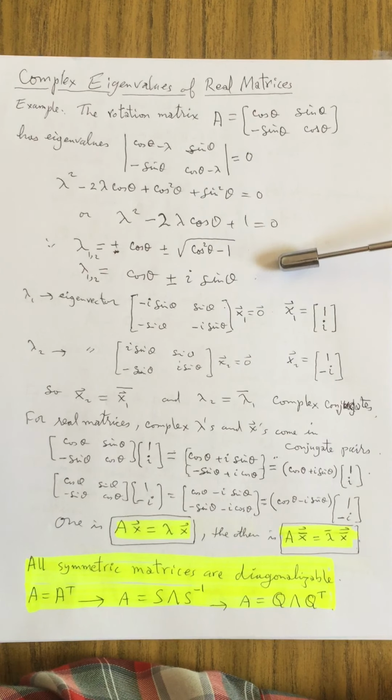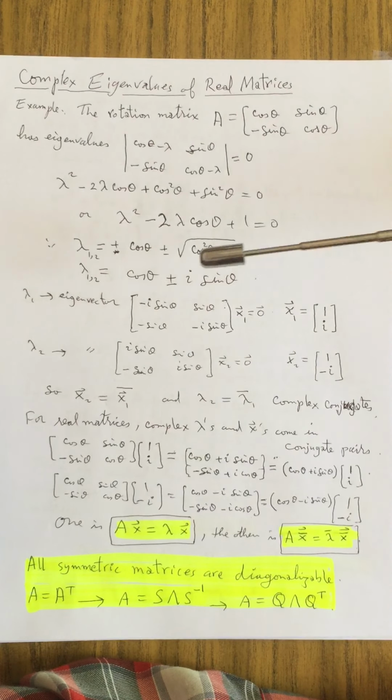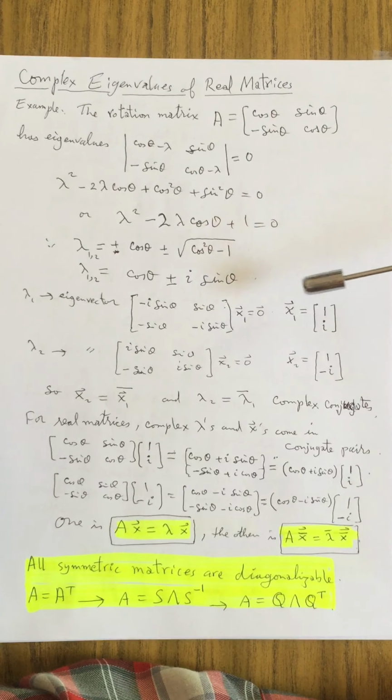So the eigenvalues are complex, and they are complex conjugates. And if we calculate the eigenvectors, we will find that for lambda 1, x1 is (1, i), and for lambda 2 it would be x2 = (1, -i), and they are also orthogonal.